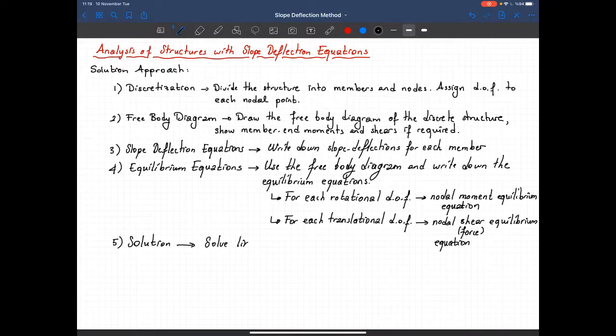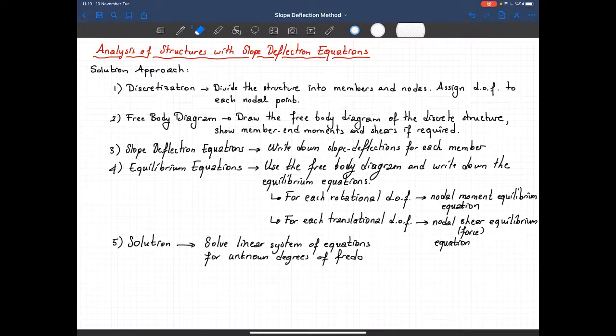Solve the linear system of equations for unknown degrees of freedom. Of course, finding the displacement is not enough, right? We have to determine the member forces.